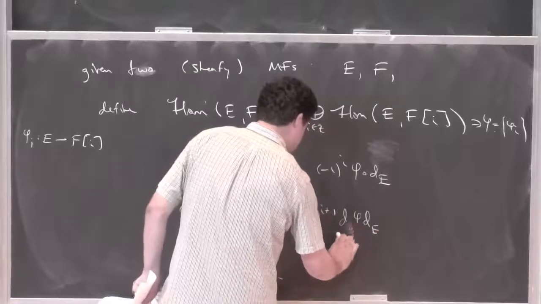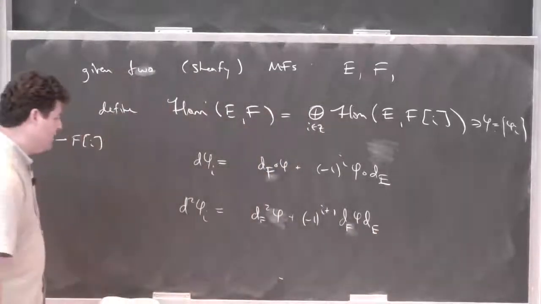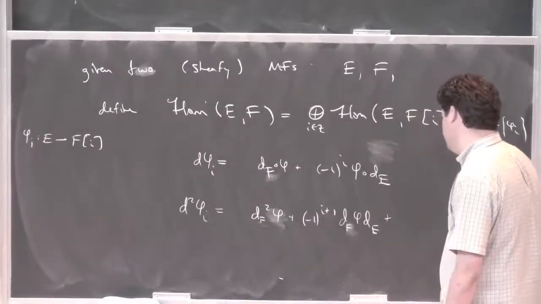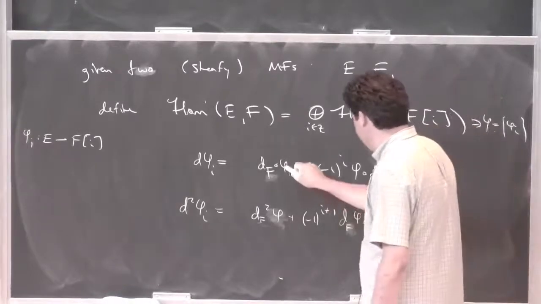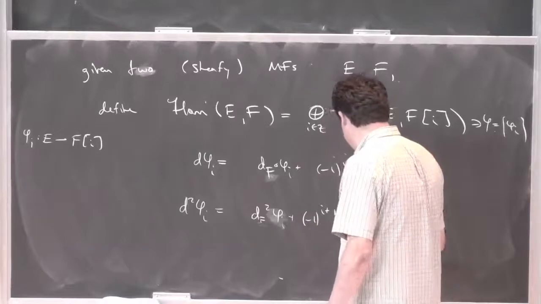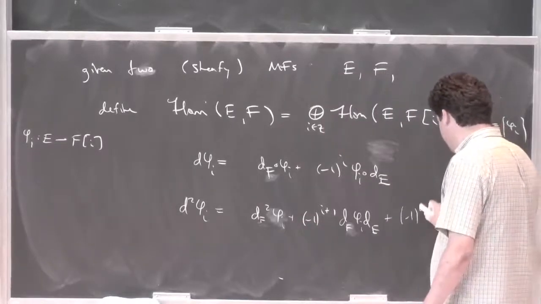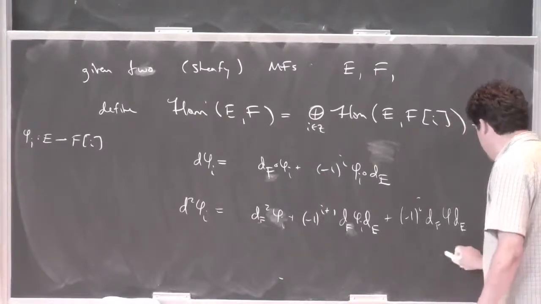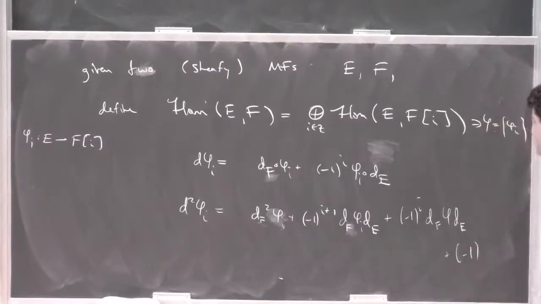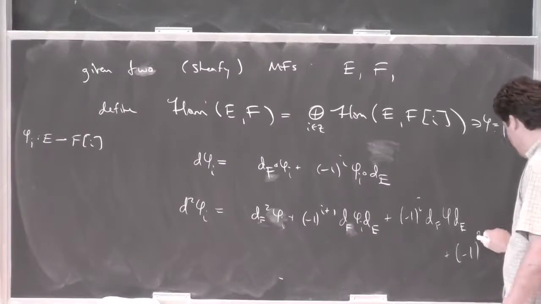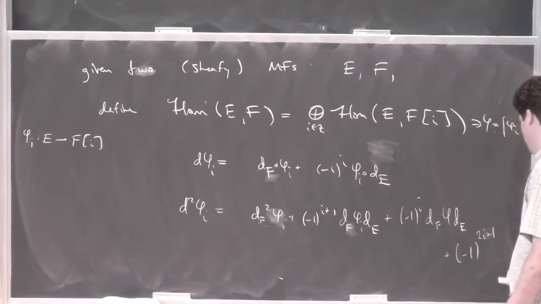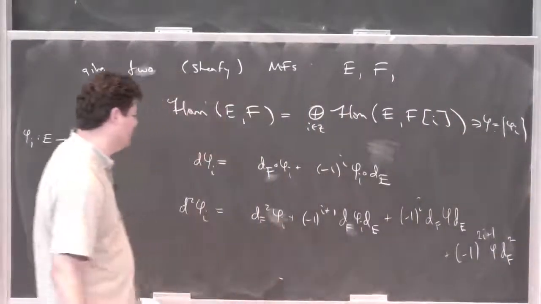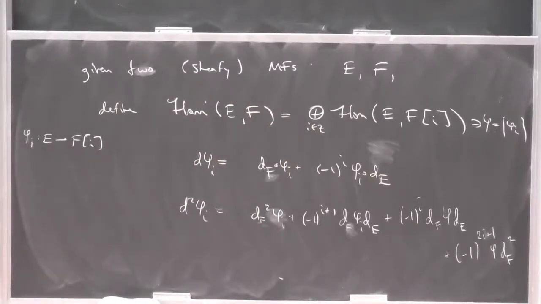dF squared phi, plus, and there should have been i's there, plus minus 1 to the i dF phi dE plus minus 1 to the 2i plus 1 of phi dF squared, if I've done things correctly.